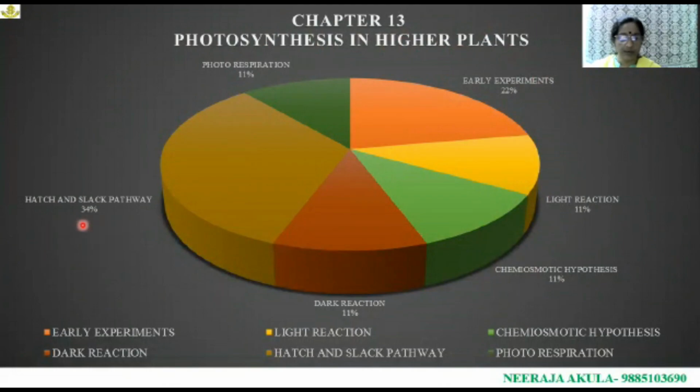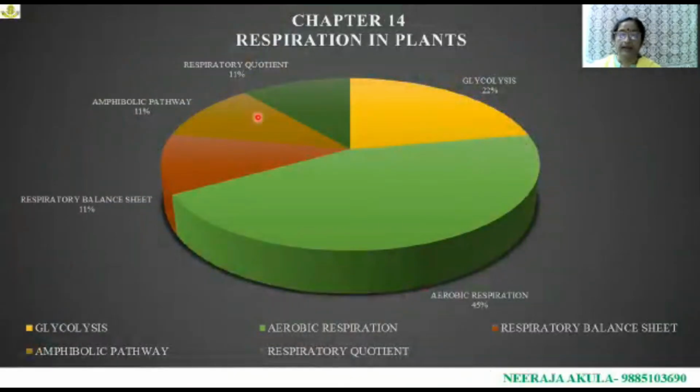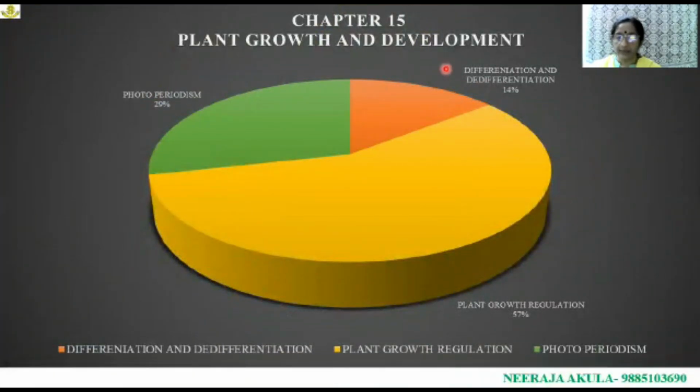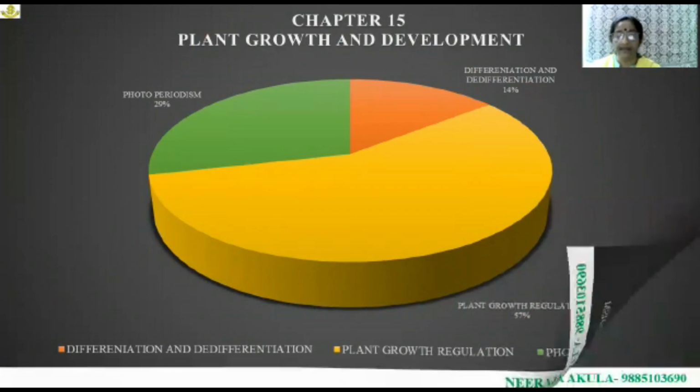More contribution came from the Hatch and Slack cycle pathway. Chapter 14, respiration in plants. Maximum number of bits came from aerobic respiration. In chapter 15, plant growth and development, the maximum number of bits came from plant growth regulators.